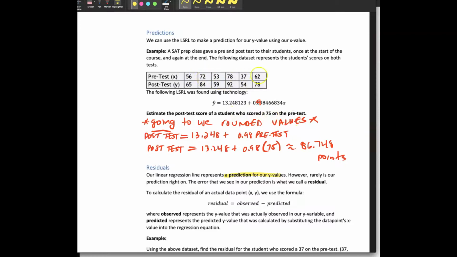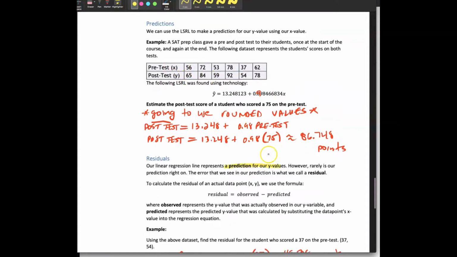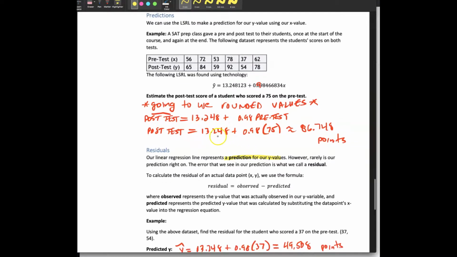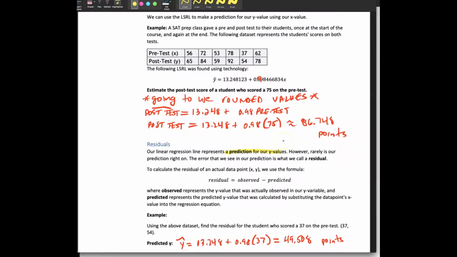Well, again, these are actual values, but what would our prediction be, right? Well, you take 75 and you substitute it in for x. X is the pre-test, y is the post-test. And when you do that, make sure you're using the calculator and typing this in correctly. I get 86 points. So I would predict 86 points for someone at 75 on the pre-test. And again, that's just based off of the actual values.